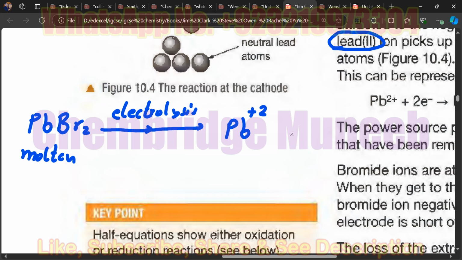Yes, its charge will be +2. And the second ion is negatively charged. In this case, just Br, and what charge is present on it? -1. Yes. So here we have got two ions, lead and the bromide.